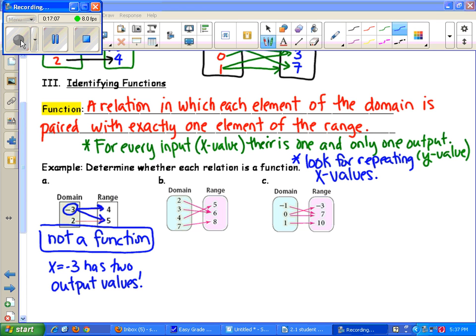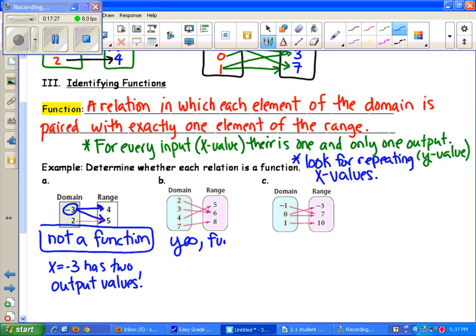So looking at B, we again look for repeating x values. Notice that 2 goes to the 6, 3 goes to the 6, 4 goes to the 5, and 7 goes to the 8. None of the x values go to a second y value, so this would be a function.